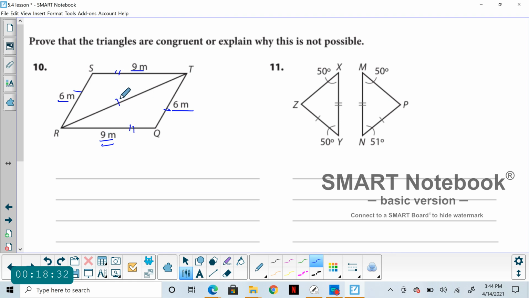And this side here, we can get that from the reflexive property. So we can say that these triangles are congruent. Oops, that's wrong. Totally wrote that wrong. So we can say these have the side, side, side congruence.